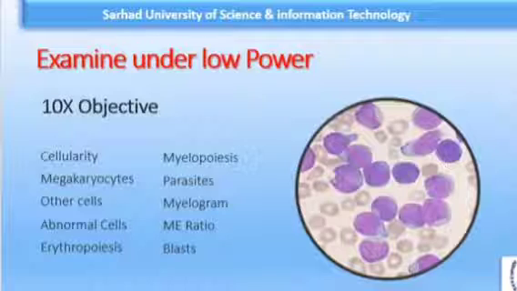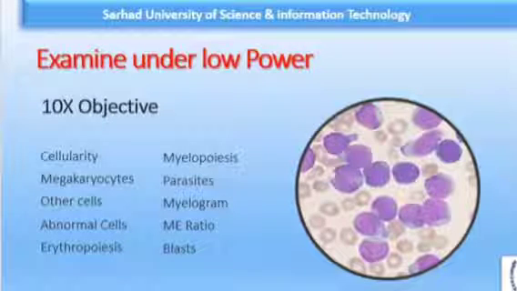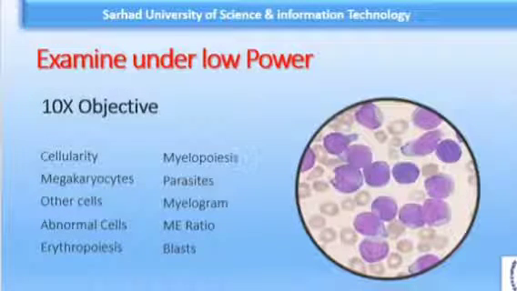First, examine the selected slides under low power, that is the 10x objective of the microscope, and note the following things: cellularity, megakaryocytes, other cells like osteoblasts or macrophages, abnormal cells like LD bodies, etc. Erythropoiesis, myelopoiesis, and if we are looking for parasites, examine for the presence of parasites, particularly Plasmodium falciparum.